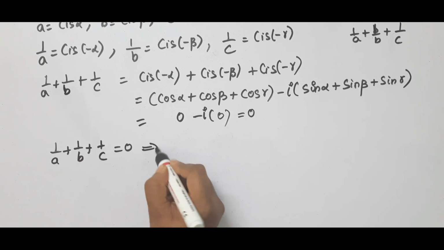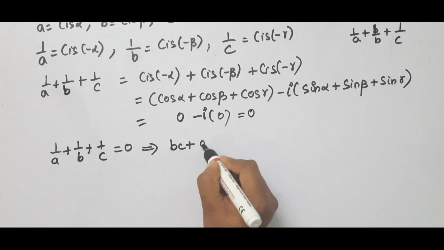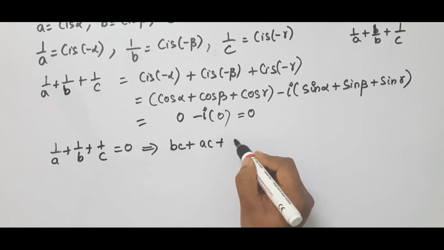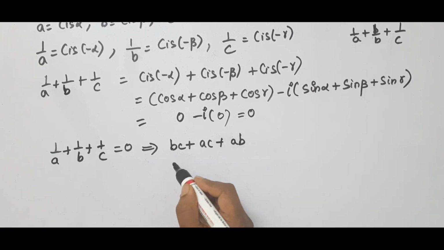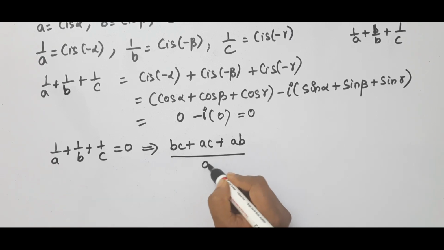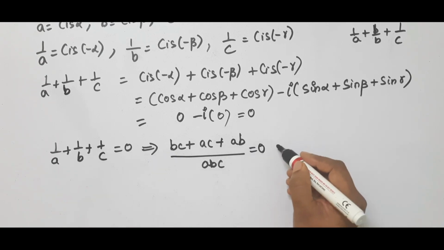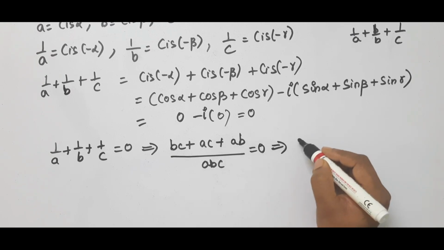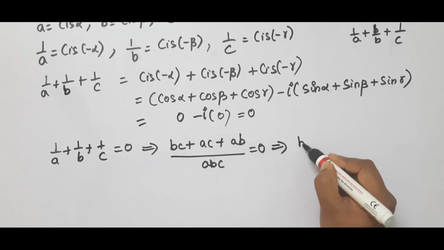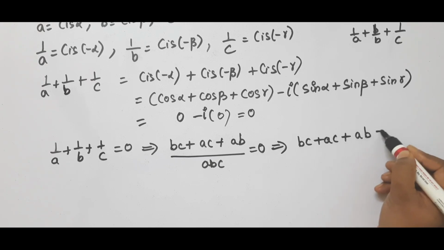Now take the LCM. This becomes BC plus AC plus AB, whole divided by ABC equal to 0. I am just adding these three fractions. This implies BC plus AC plus AB equals 0.